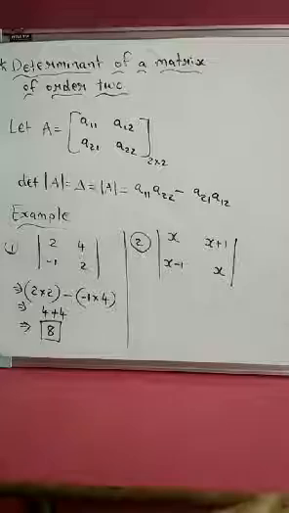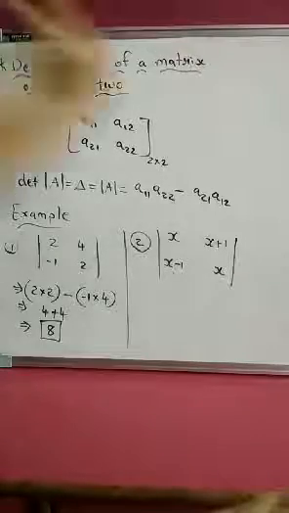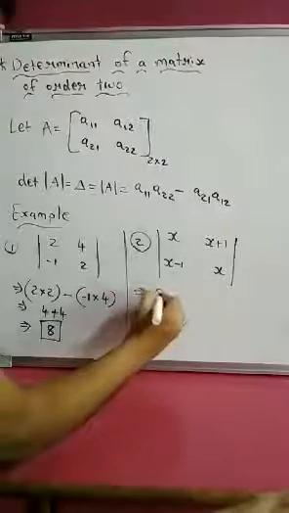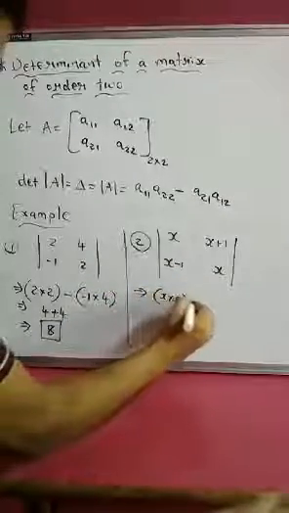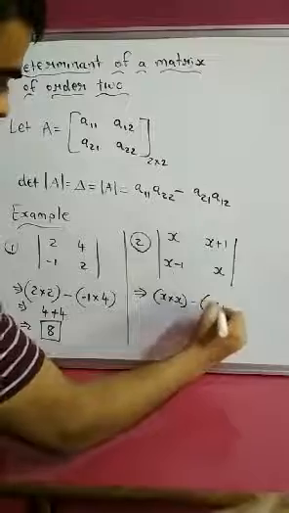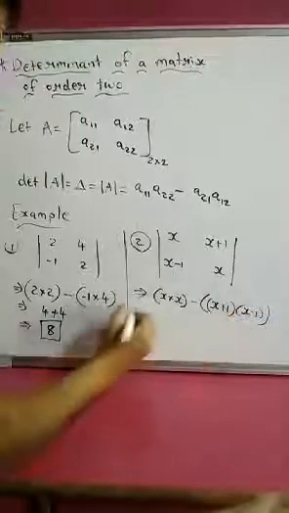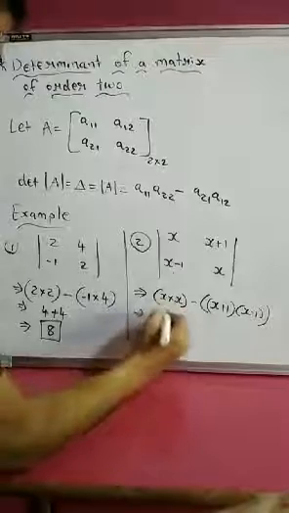Whatever I explained to you, you have to do the same thing: multiply these two elements, x into x, keep a minus sign, then x plus 1 into x minus 1. x into x is x square.